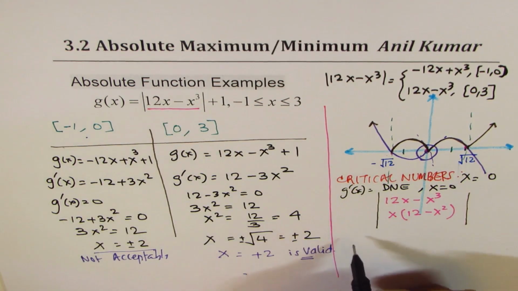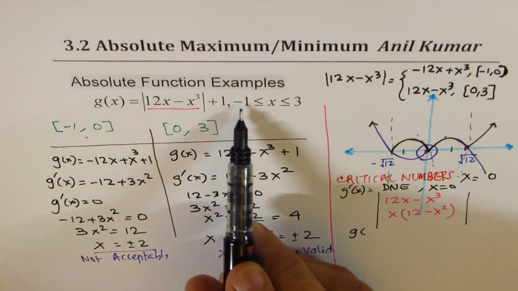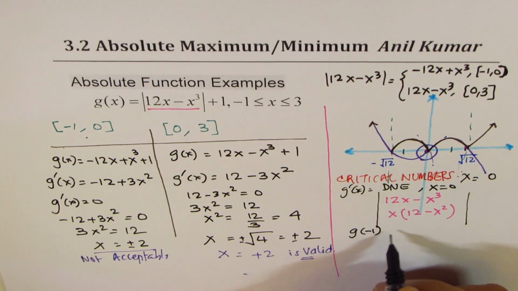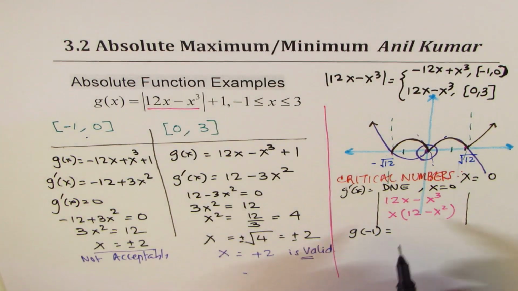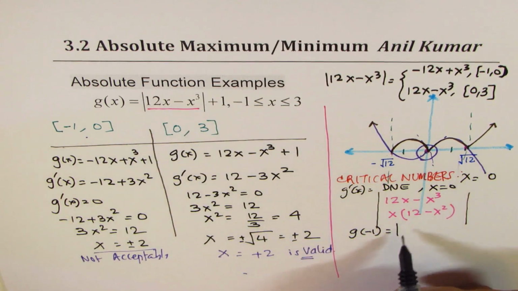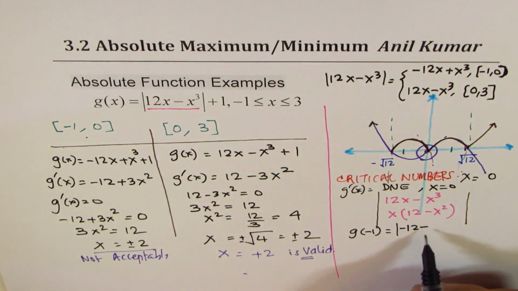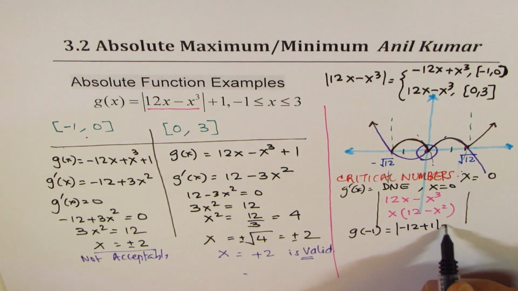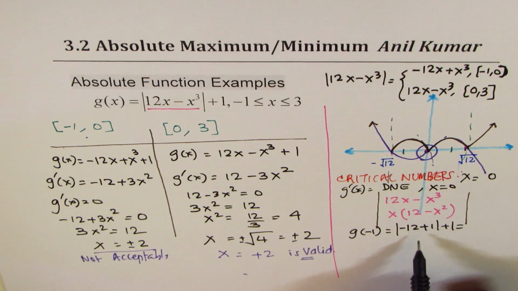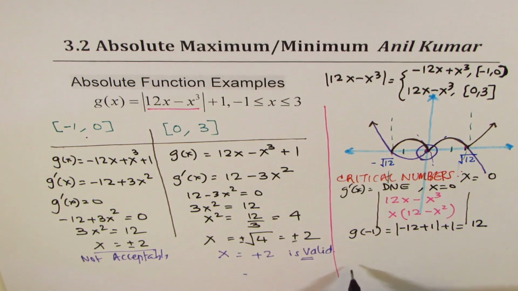So let us find the value of g of x at all these points. Of course on the limits, which is -1, the lower limit. When I substitute -1 here, I get 12, and -1 cubed makes it minus, and minus as plus, plus 1, and that gives you a value of 12. Is it okay?